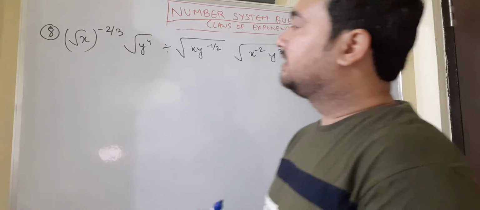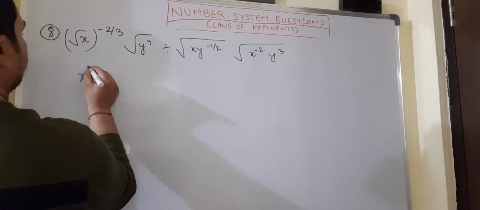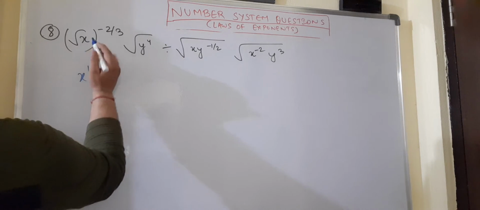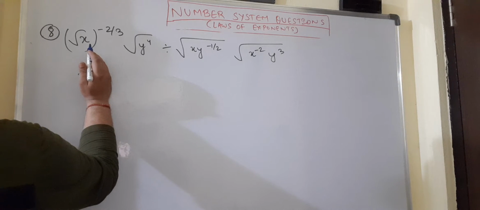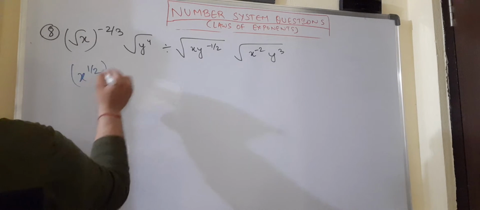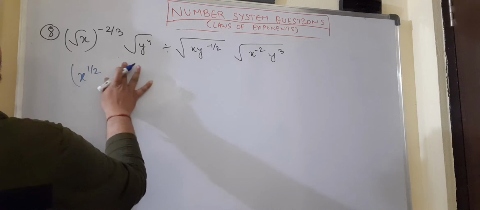You can easily solve it. How can you write this? x to the power 1 by 2, and after you write it as 1 by 2, the power will be minus 2 by 3, and power of power is multiplied. You can write it in 2 steps also. You can first do this, then do this, and later in the next step you can multiply it.